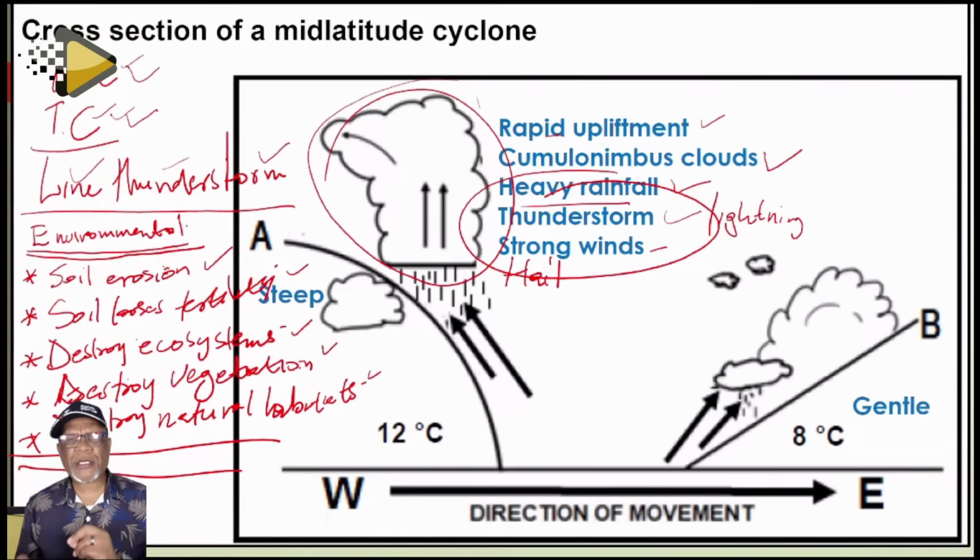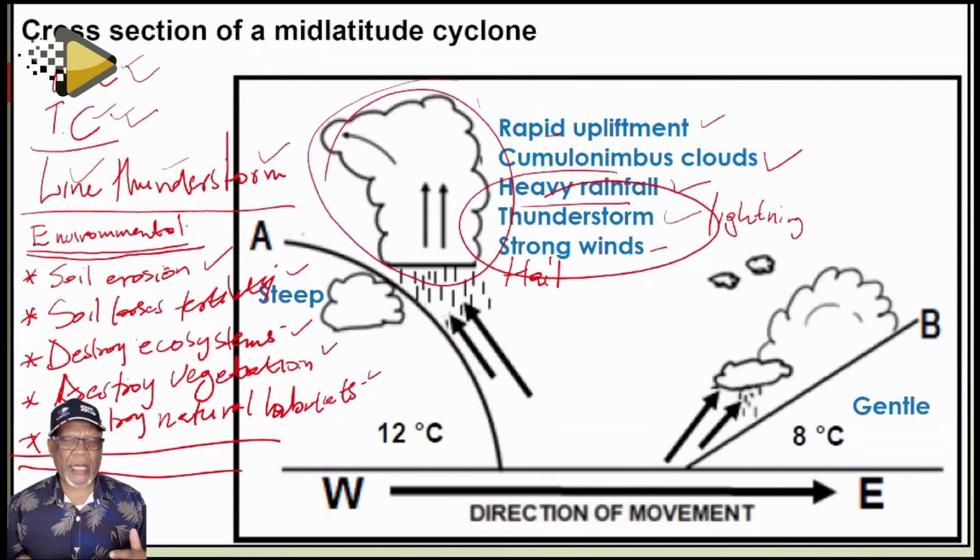If the question is saying negative impacts, you must only give negative impacts. But if the question just says impacts, it can be positive or negative. If the question is saying negative, it can only be negative. So you cannot say tropical cyclones are going to bring water for irrigation. You cannot say mid-latitude cyclones will make sure the dams are full.